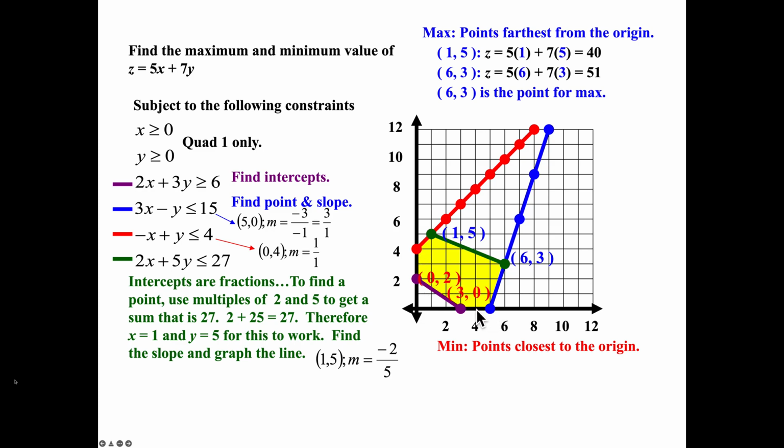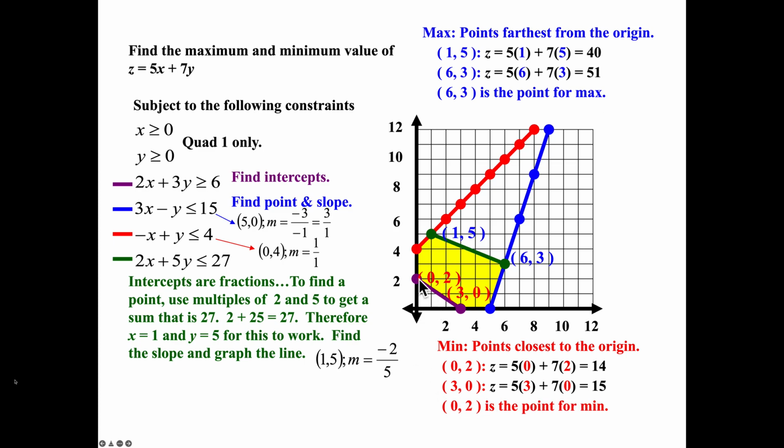Same thing with 5, 0. 3, 0 is closer. So I'm going to test 0, 2: 5 times 0, 0, 7 times 2, 14. Test 3, 0: 5 times 3, 15, 7 times 0, 15 plus 0, 15. 14 is the smallest, 0, 2 is the point for the min.